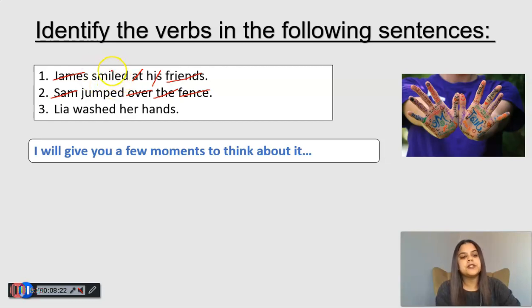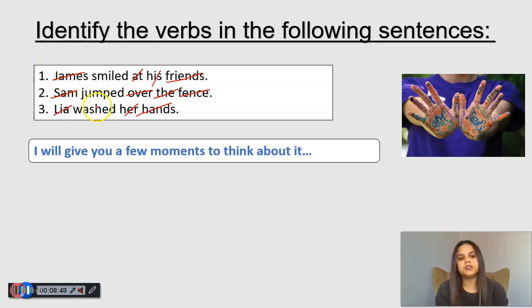Remember, even though I'm saying smile and jump, it's because the words are written in the past tense, okay? But they are still a verb. Leah washed her hands. Can I Leah? No. Can I wash? Yes. So I'm leaving washed. And can I her? No. Can I hands? No. So it's left me with those three words.